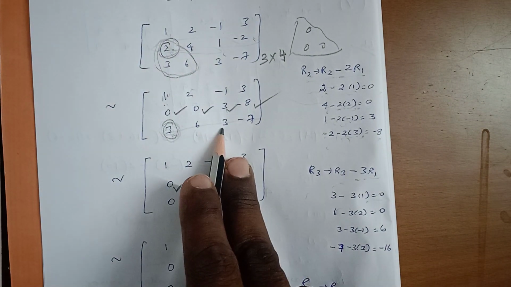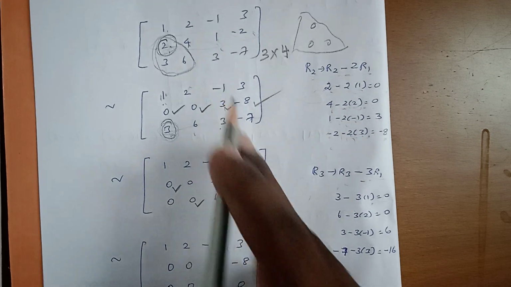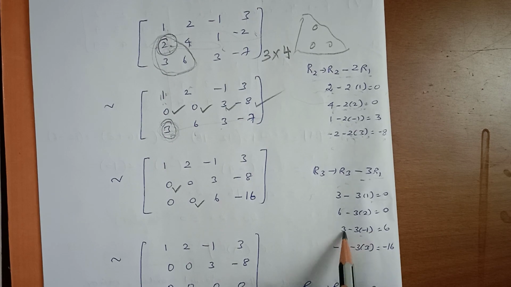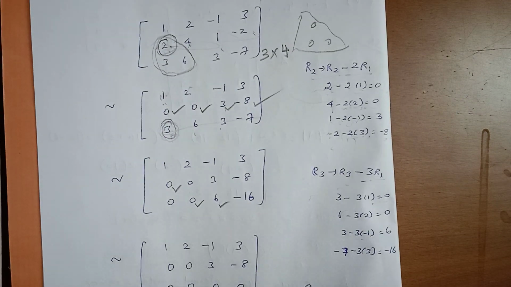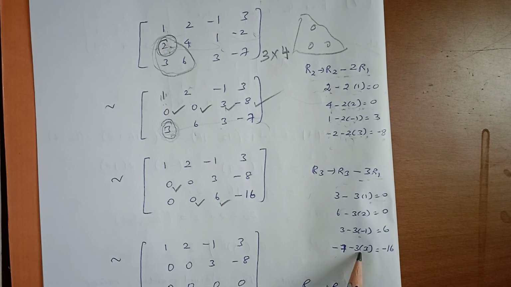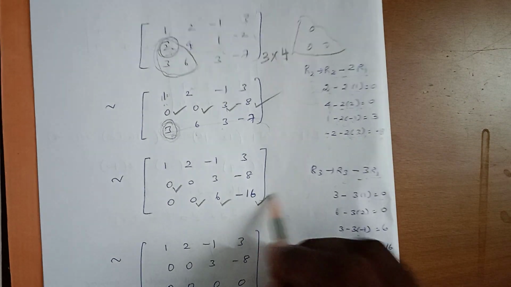Again the third row is compared with the first row: R3 tends to R3 minus 3R1. R3 minus 3 into R1, minus 1 minus 2 minus plus, so this value is 6. Again R3 minus 3R1: minus 7 minus 3 into 3, so minus 7 minus 9 equals minus 16.